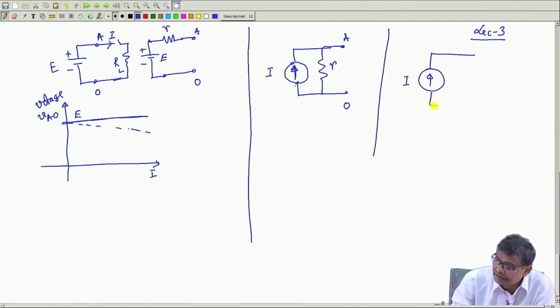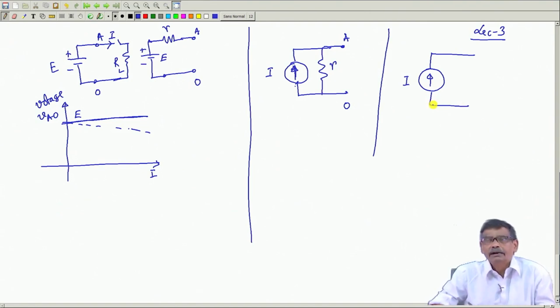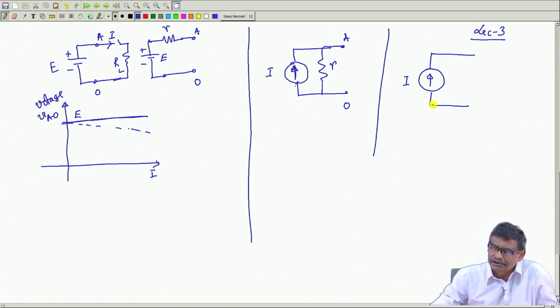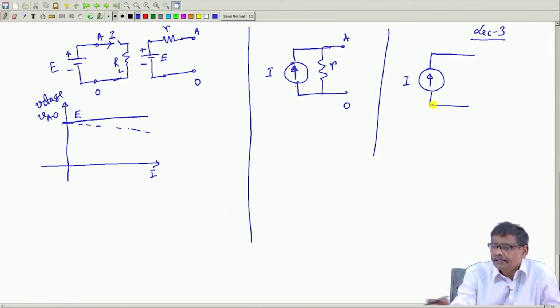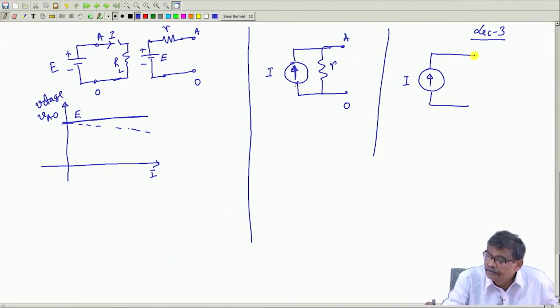To understand that, one can interpret that instead of a voltage source, a current source is present, that ISC is equal to E by R was brought in, but once that is done, I can think of this thing like this, AO.